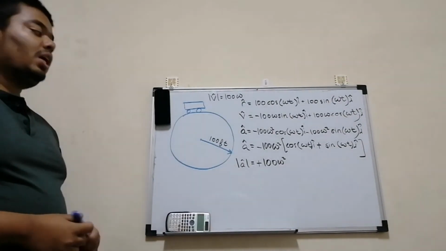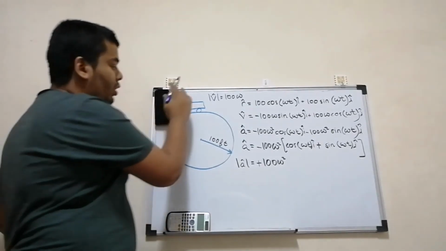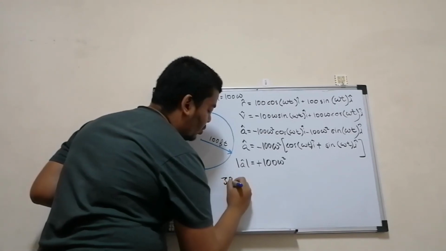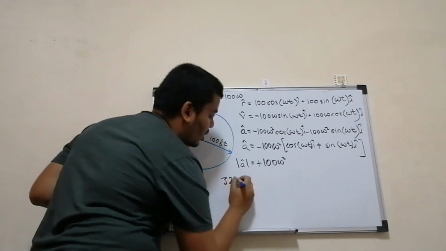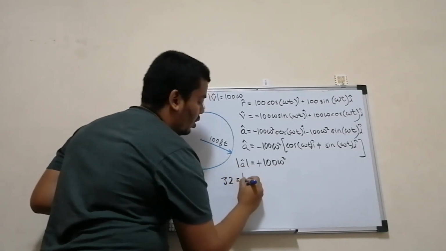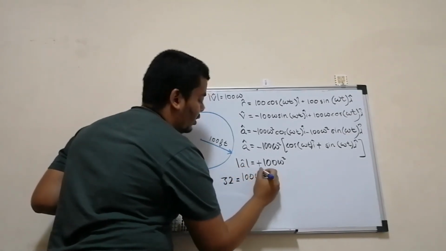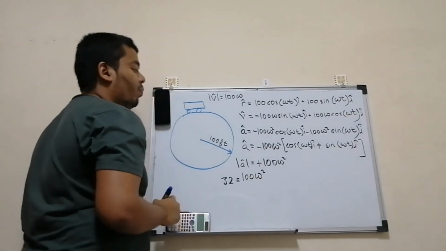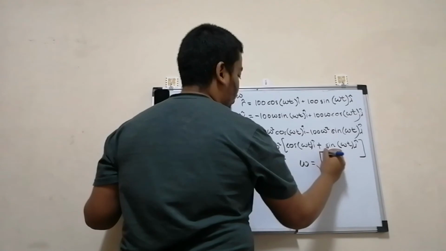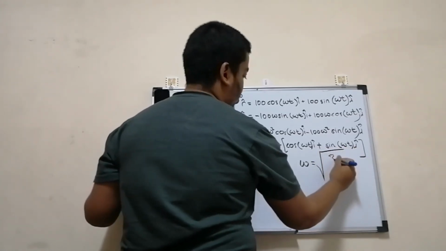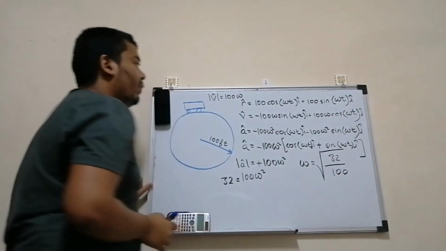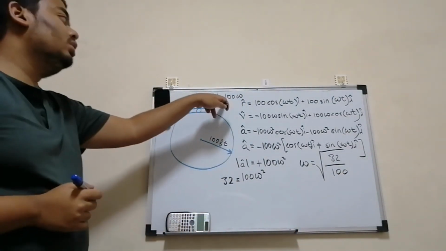So, guys, I told you that acceleration is only due to gravity because they're experiencing weightlessness. So it will be 32 feet per second square, because I told 100 feet, equal to 100 omega square. So omega will be the square root of 32 over 100. Now what did I tell you v is?